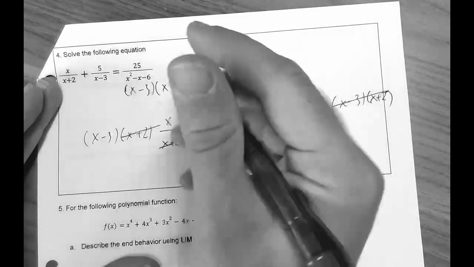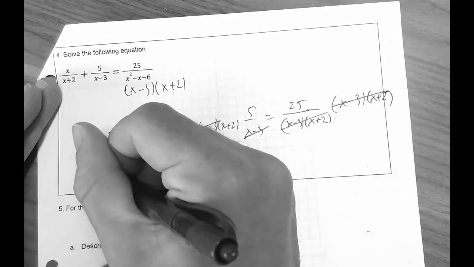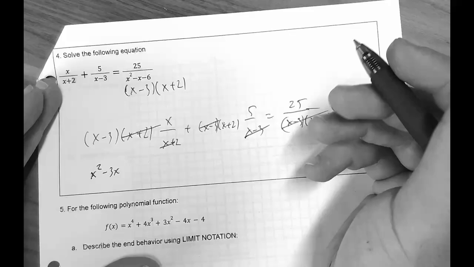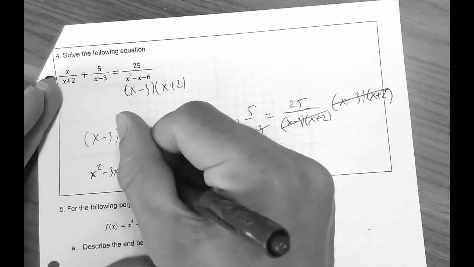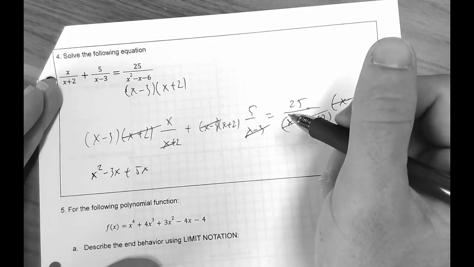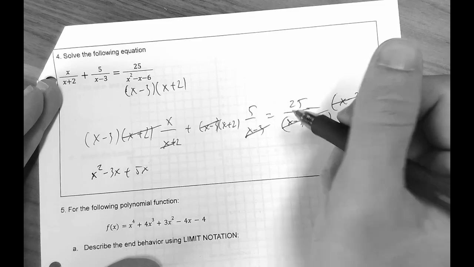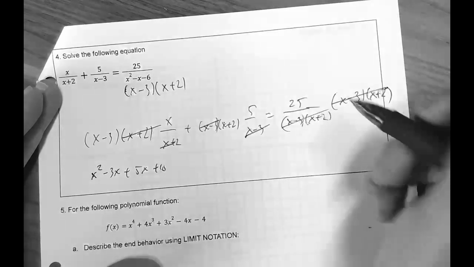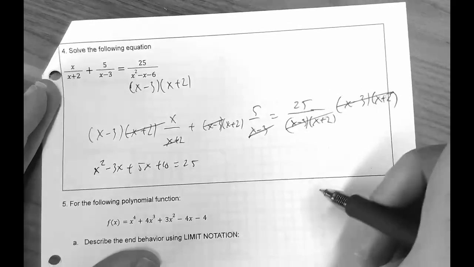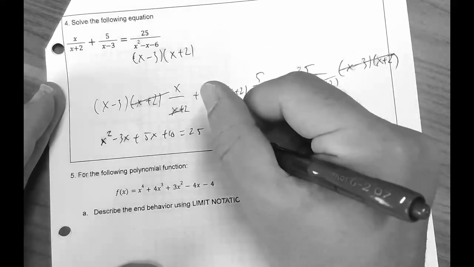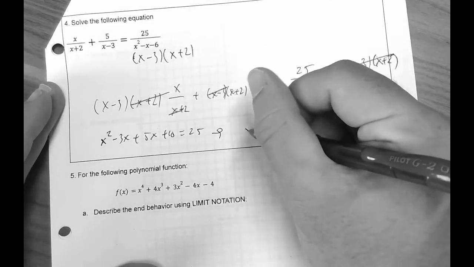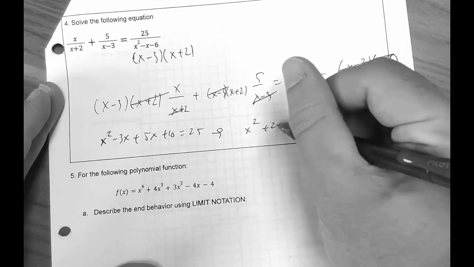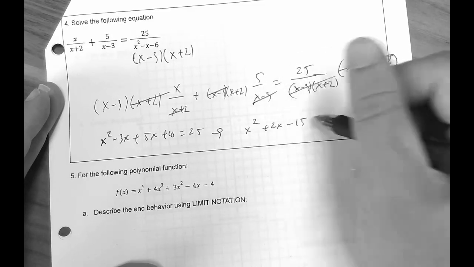So we'll have x squared minus 3x here plus 5x plus 10 equals 25. We'll set this equal to 0, so we're going to get x squared plus 2x minus 15.